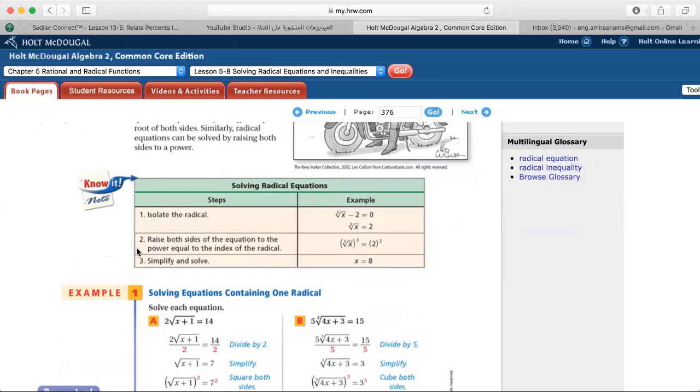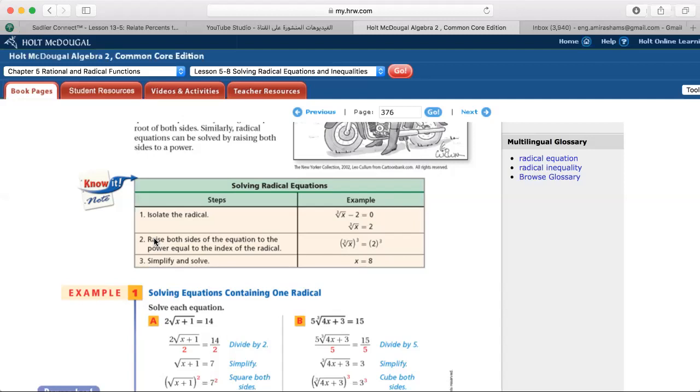Step number 2, raise both sides of the equation to the power equal to the index of the radical. Then number 3, simplify and solve.